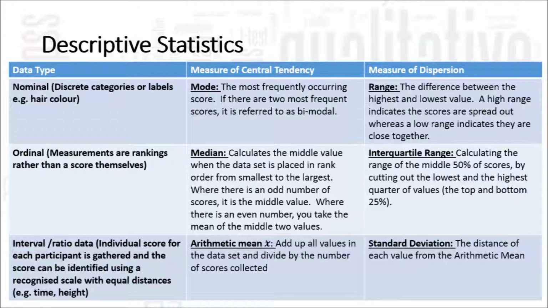For interval or ratio data, which is where there's equal distances between individual scores on a scale, so things like time and height, and we know there's say equal distance between the seconds and things like that, we would use mean and standard deviation. But for our example we're going to use median and interquartile range because it's ordinal data, and these are explained on the table.